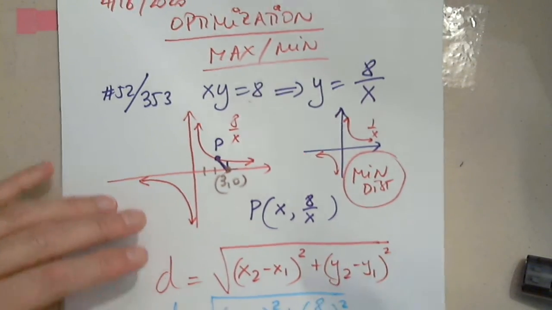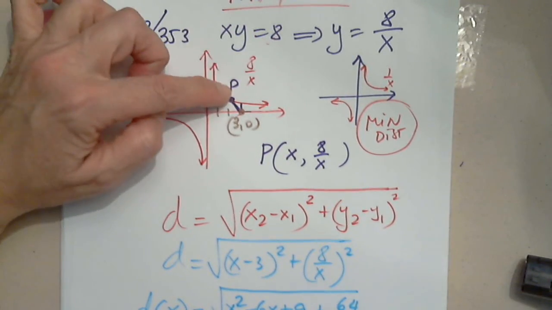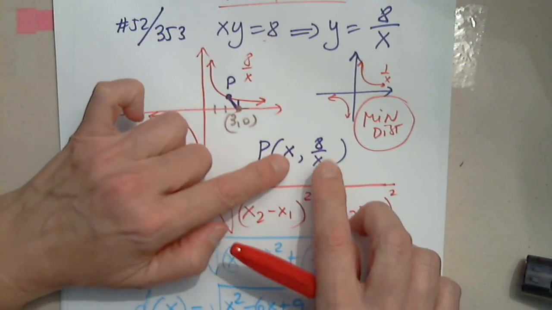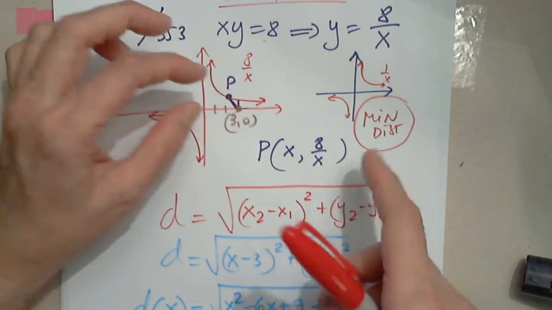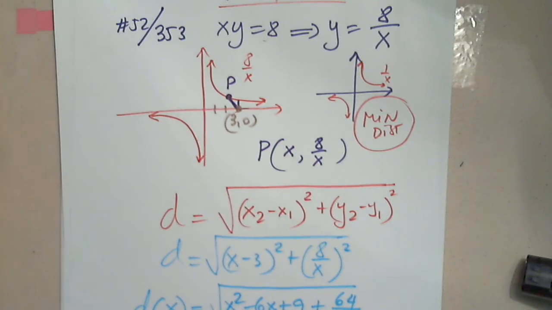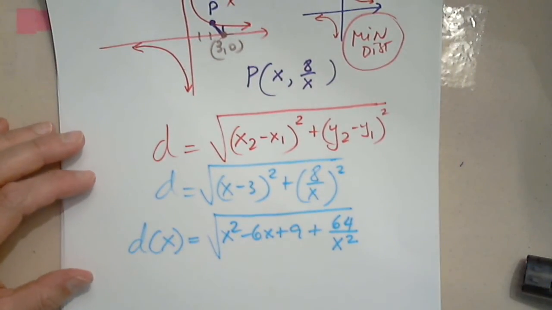We denoted a point on the graph by P. We identified the x and y coordinates, and we said, okay, let's remember we are talking about the minimum distance, so I have to create a function that gives the distance first of all, and then I have to find its minimum.